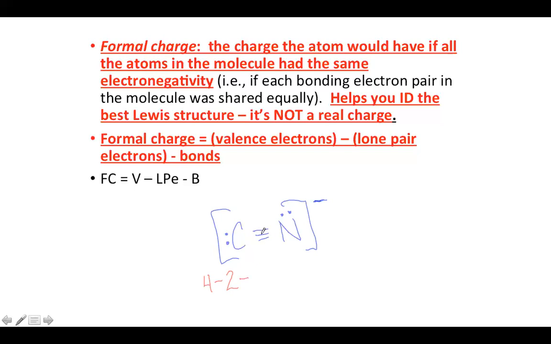Again, let's suppose that carbon and nitrogen have the same electronegativity, and then we're going to say they are sharing all of these electrons in these bonds equally. So this carbon would get 1, 2, 3 electrons from these bonds. So carbon would have 4 minus 2 minus 3, which is going to give a formal charge of -1.